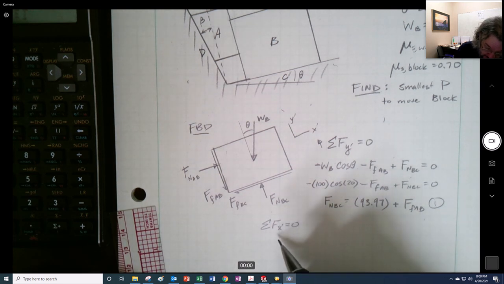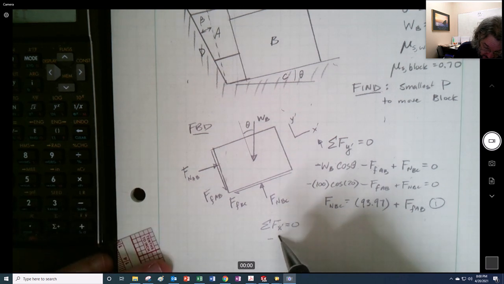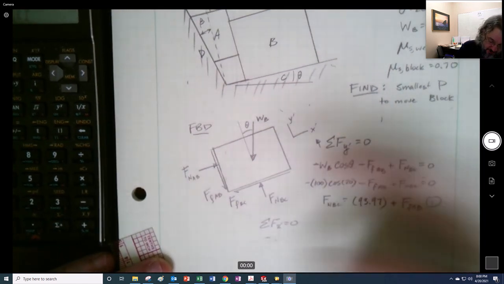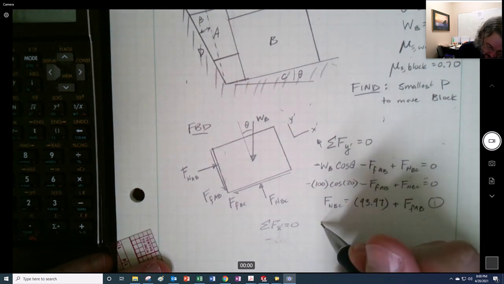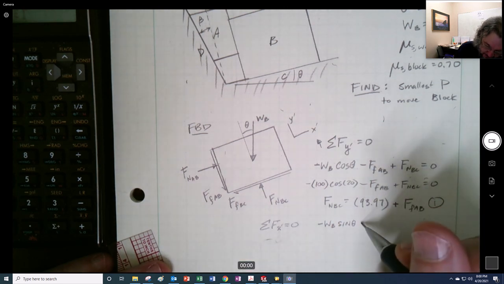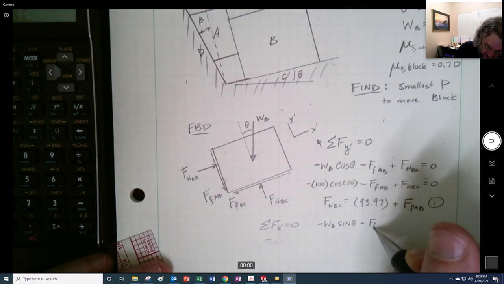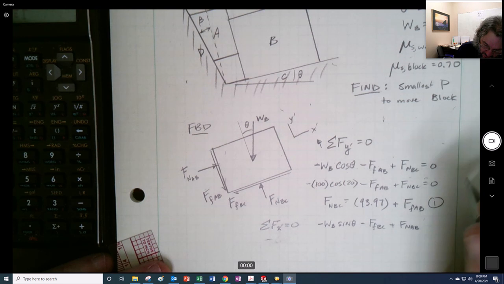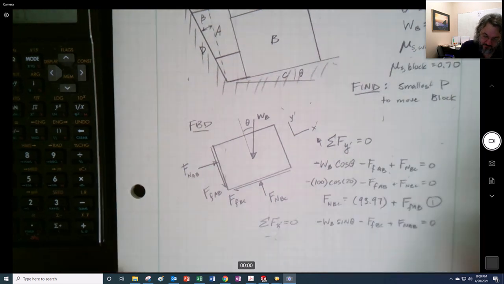Looking at this in the x direction, you have negative. I wrote it out as variables up above, so I should be consistent. We'll write it as negative WB sine of theta, negative F FBC, and then a positive F NAB equals 0.